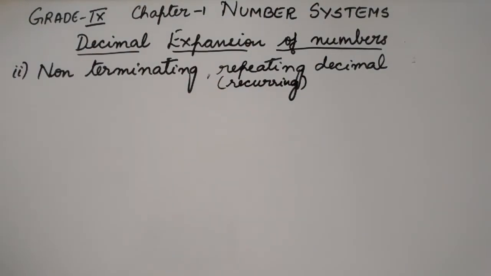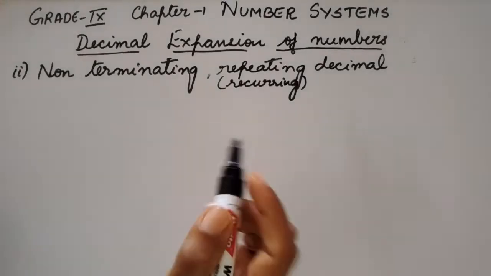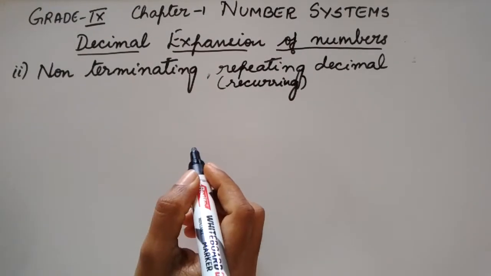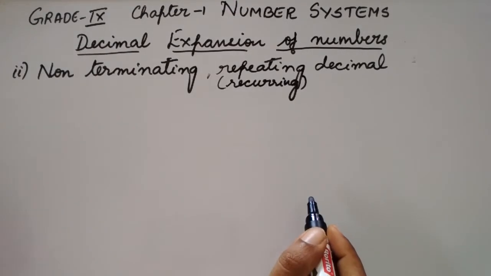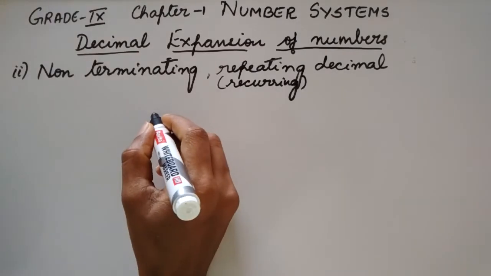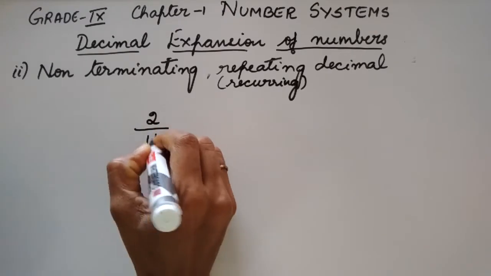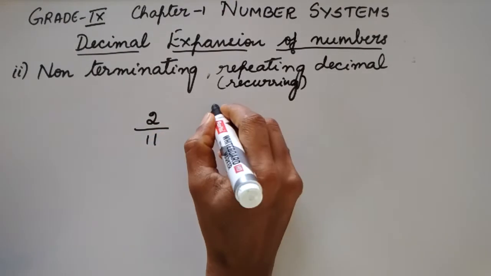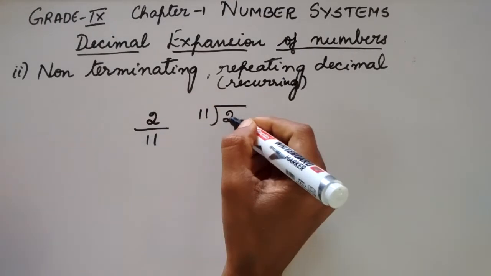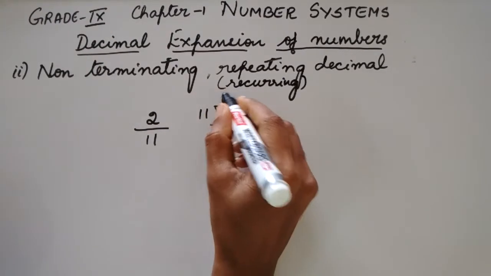So here the meaning of non-terminating repeating or recurring decimal is that when a number is divided by another number, the remainder never becomes 0. For example, 2 divided by 11.